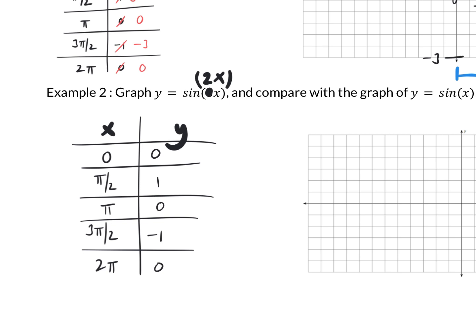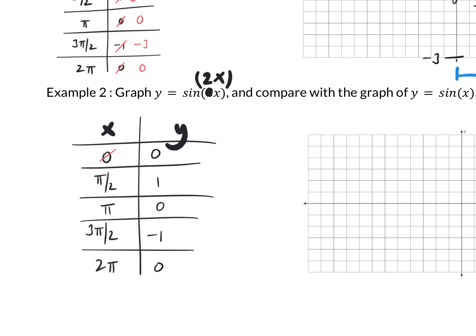So if we're shrinking or stretching things vertically or horizontally, what do I do with those numbers? Am I multiplying? Am I adding? Am I dividing? What am I doing? Yeah, we're going to be multiplying, but since we're shrinking, instead of multiplying by 2, we're going to think about the opposite of that. We're actually going to divide by 2, right? Because if my period is from 0 to 2 pi, I want that to shrink. A horizontal shrink of 2, which means we're going to divide all these numbers by 2.